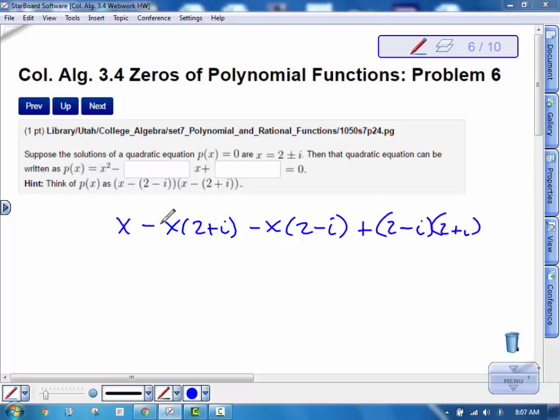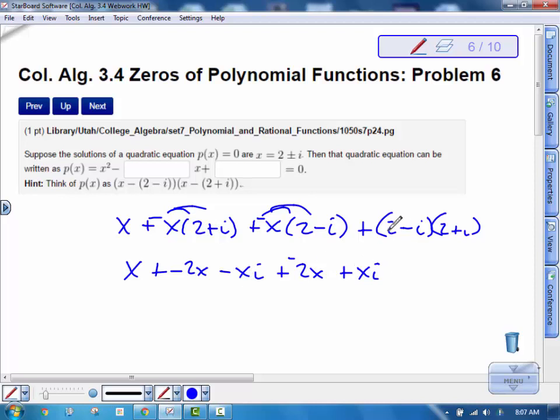Okay, so I can distribute this negative x as well. That gives me x squared plus negative 2x plus xi, or I'm sorry, minus xi. And then this gives me plus negative 2x, positive xi.